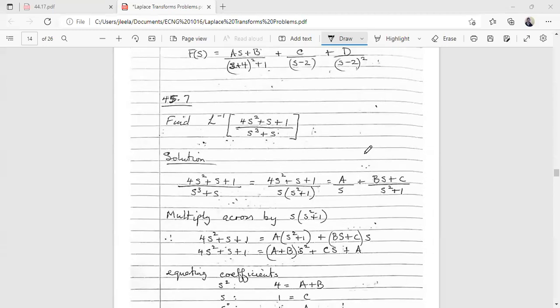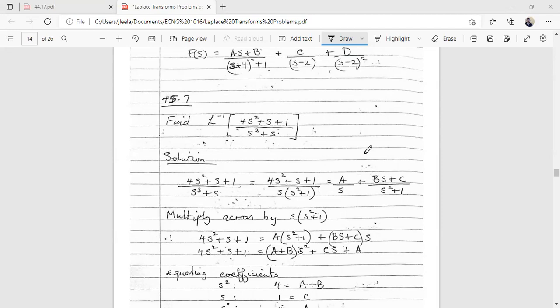So you have here 4s squared plus s plus 1 over s cubed plus s, right? You want to find the Laplace inverse of this, but if you notice the denominator, you have a common factor in s cubed and s.